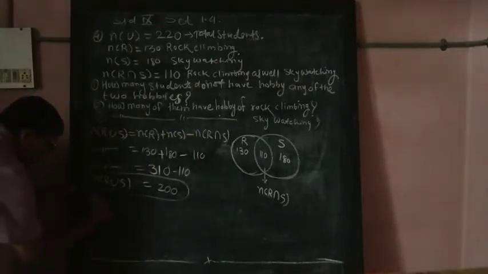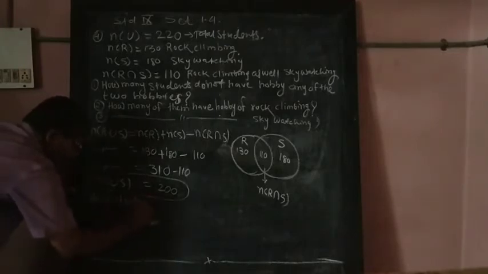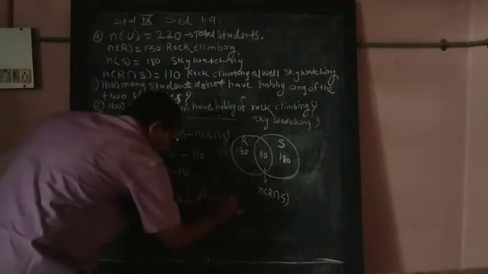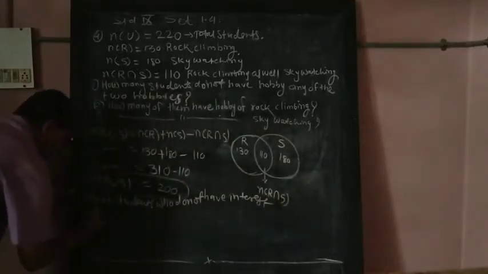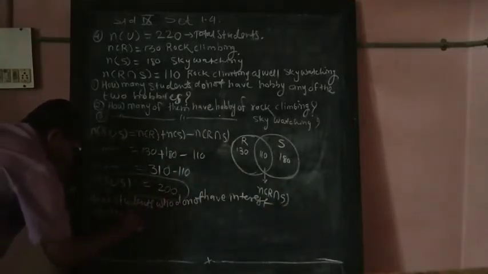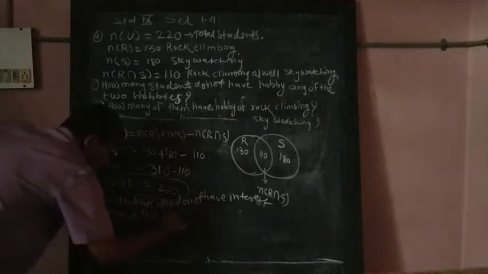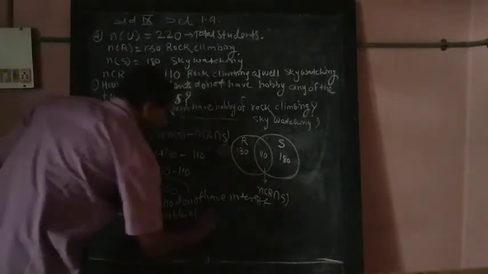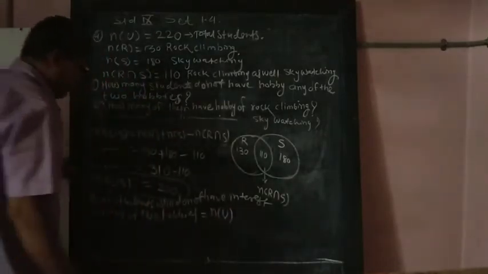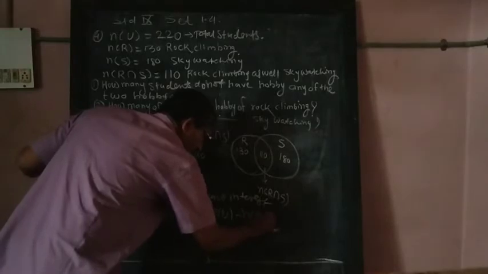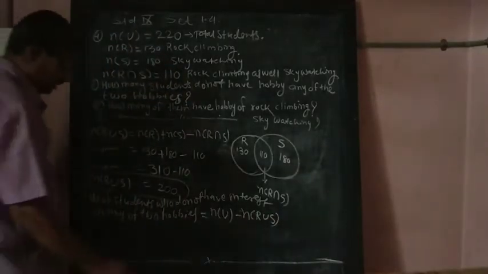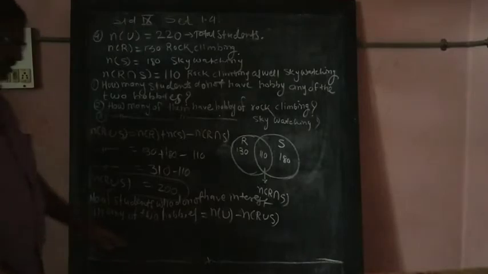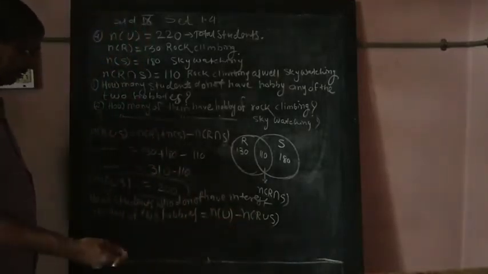Then we can find the number of students who don't have interest in any of the two hobbies, which is equal to the universal set minus the number of R union S. The number of the universal set means the total number of students minus the total number of students having interest in rock climbing and in sky watching.